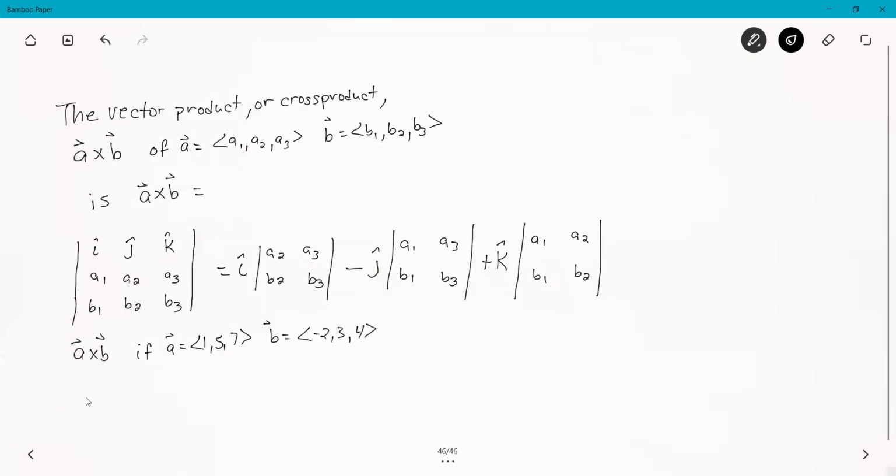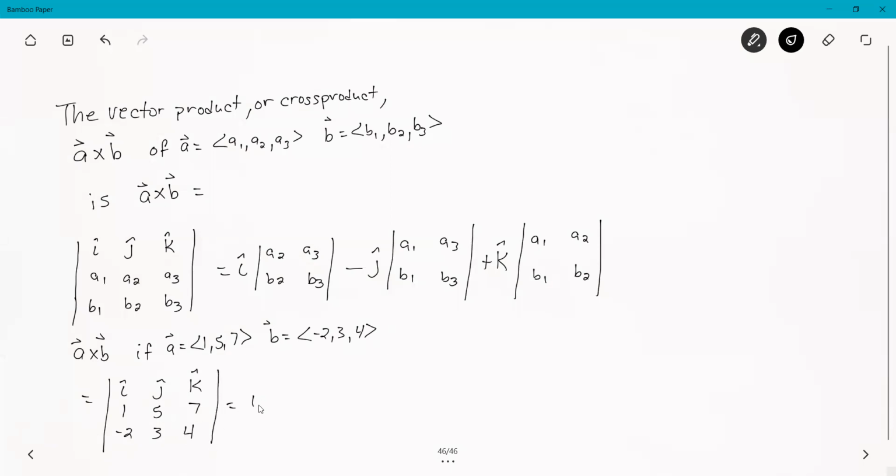Okay, so we have I hat, J hat, K hat, and my A is 1, 5, 7, and my B is -2, 3, 4.